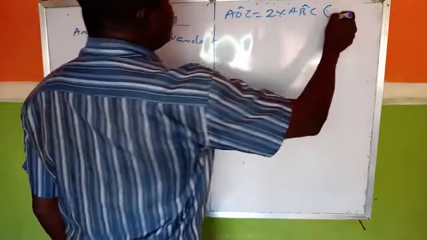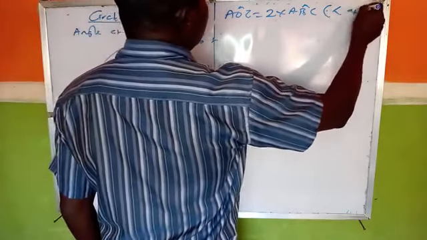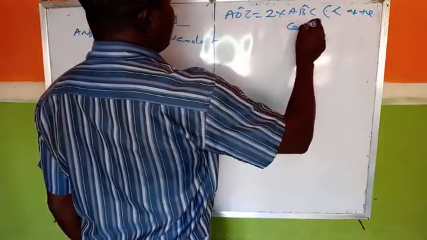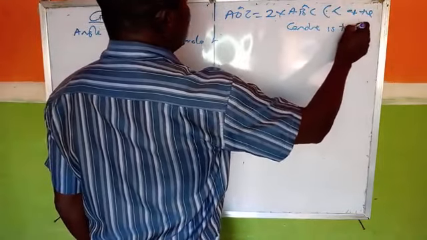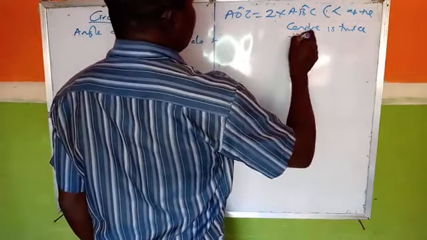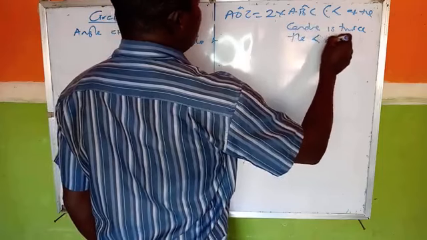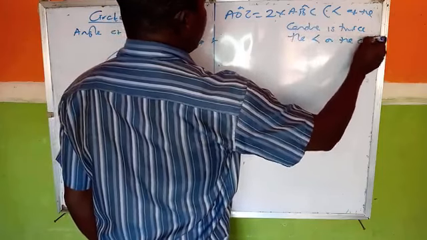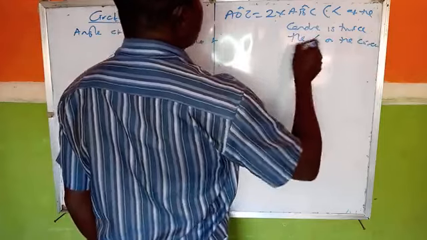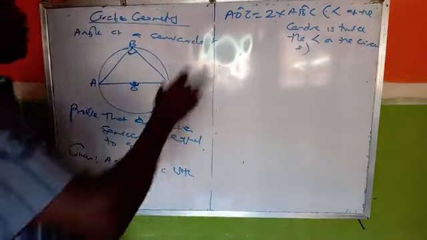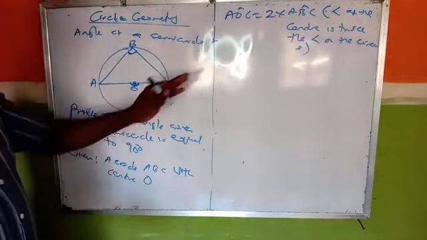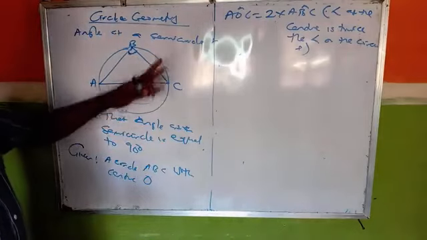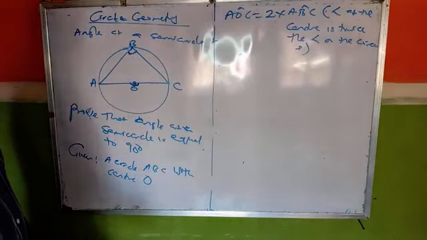So you put the reason here: the angle at the center is twice the angle on the circumference.